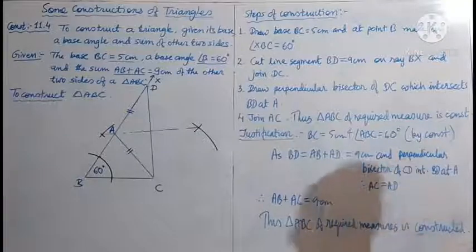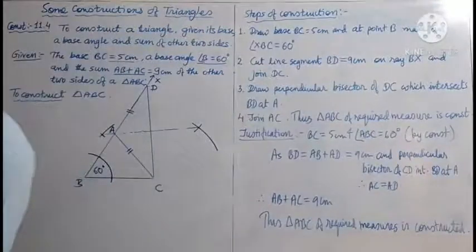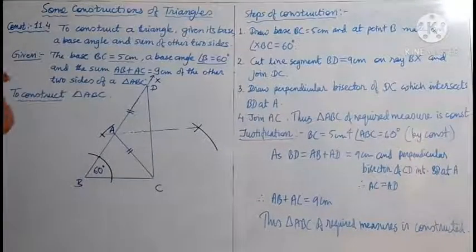So here the triangle with angle B 60 degree, BC equal to 5 centimeter, and AB plus AC equal to 9 centimeter is constructed.